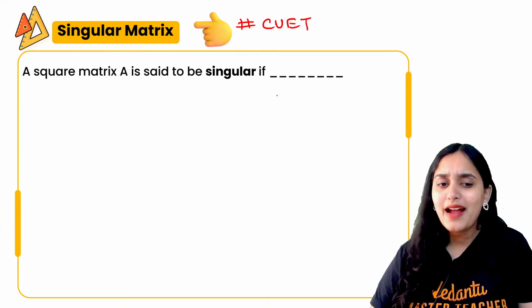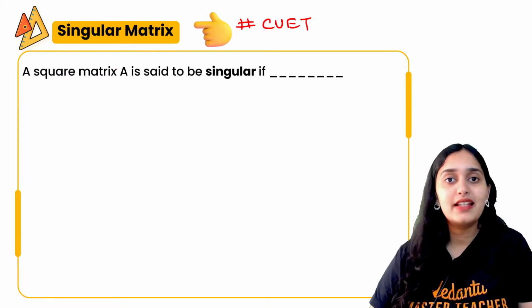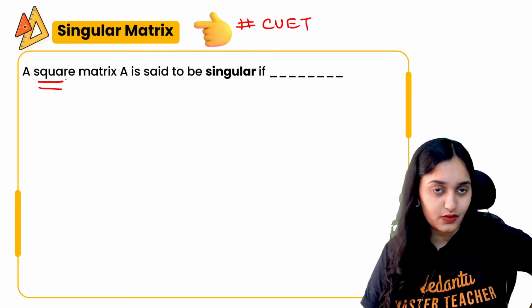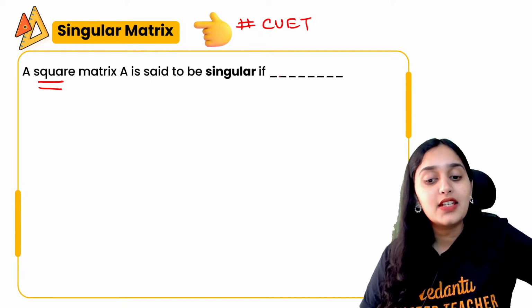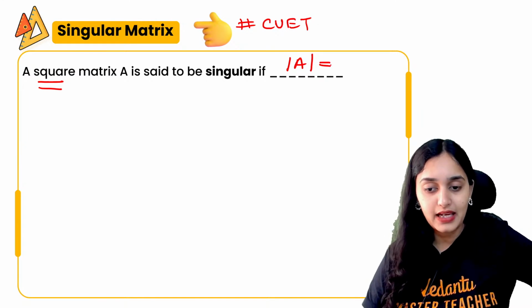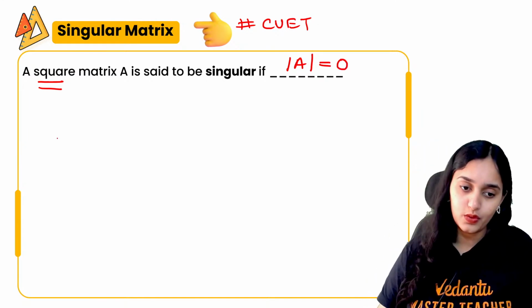What is a singular matrix? A square matrix A is said to be singular. Remember, it should be a square matrix. It is said to be singular if determinant of A is equal to 0.